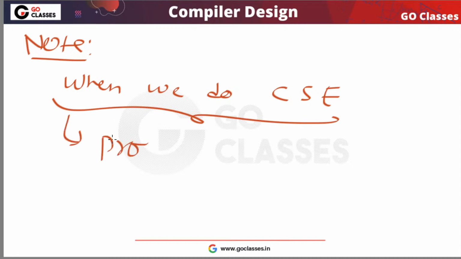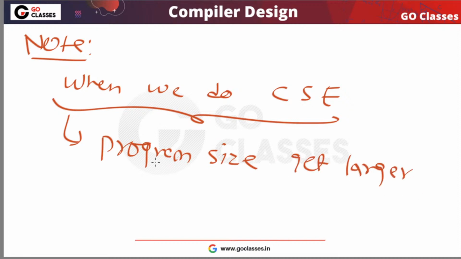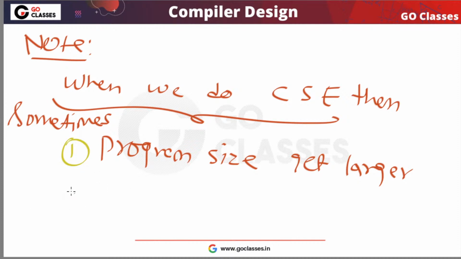Then program size gets larger. So this can happen sometimes. When we do common subexpression elimination, sometimes program size will get larger.